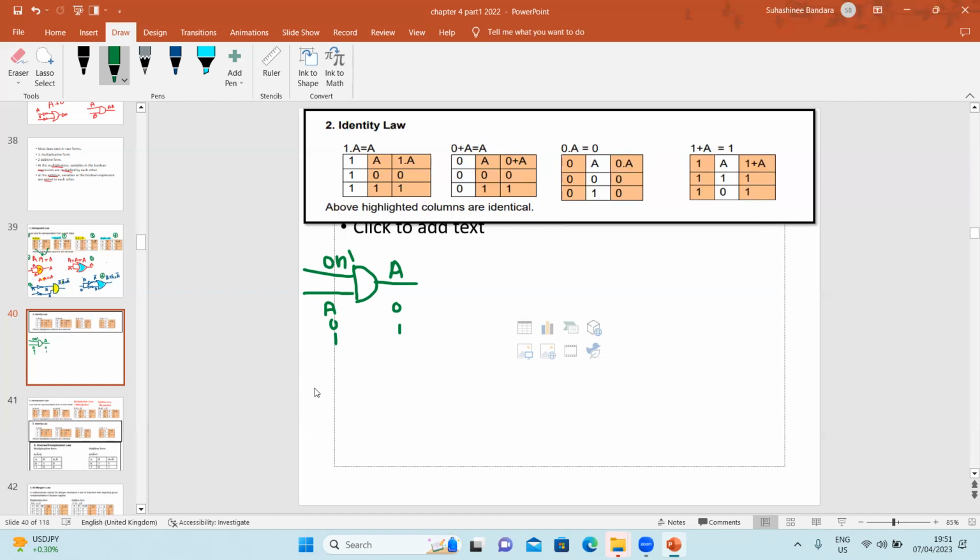Then if there is one 0, assume this is 0. If 0 and input A are going through another AND gate, then the output will be 0. Why? Multiplication is there, therefore if it is multiplying, the output is also 0.